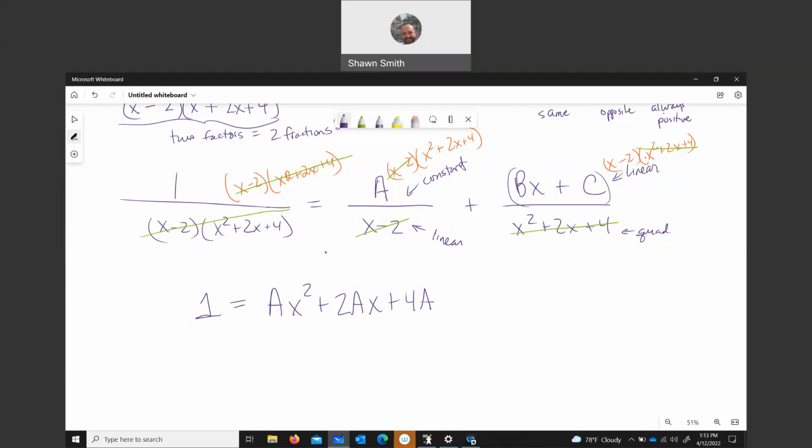A binomial times a binomial has to be FOILed out first. Bx times x, bx squared. Outer would be the negative 2 times the bx, so negative 2bx. Inner would be cx. And last would be c times negative 2, negative 2c.